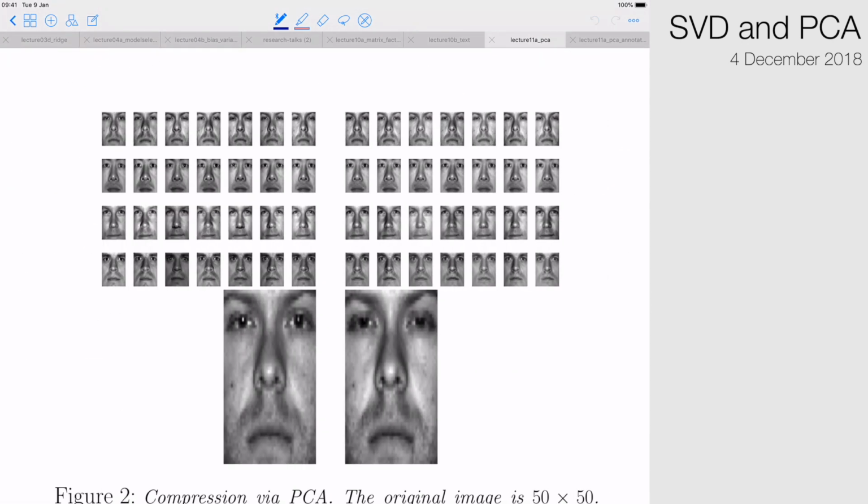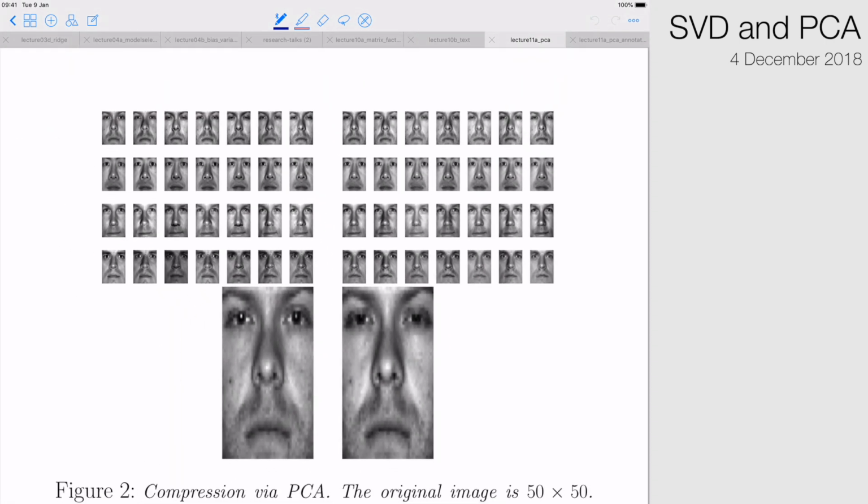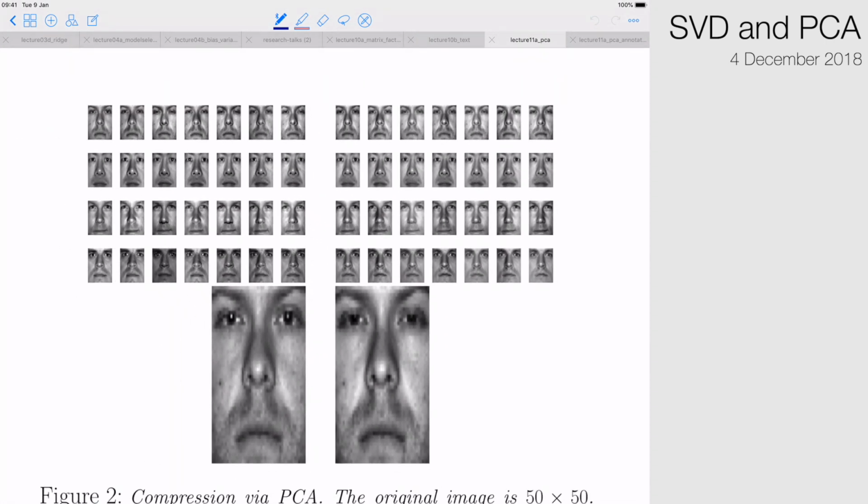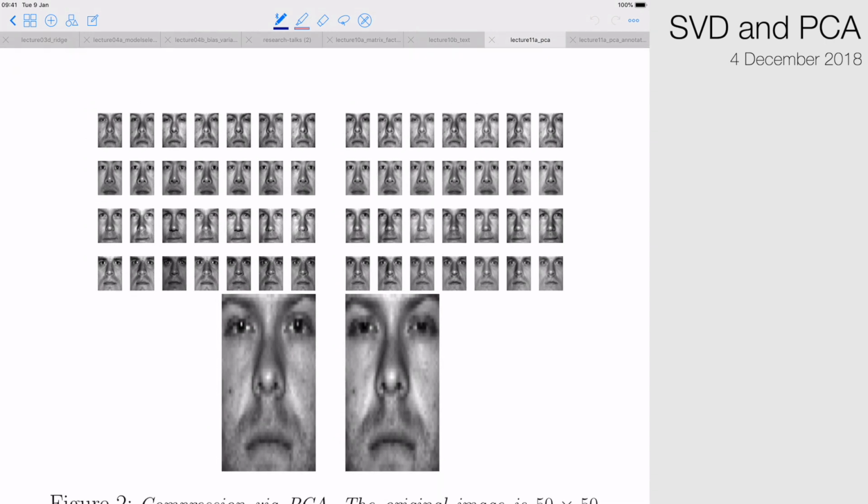So here is a set of images. As always, the data points are the columns of our X matrix. On the top left you see all these images. There are 28 images, so X is a matrix which has 28 columns. And what's D here?